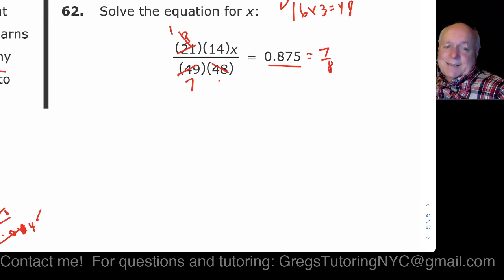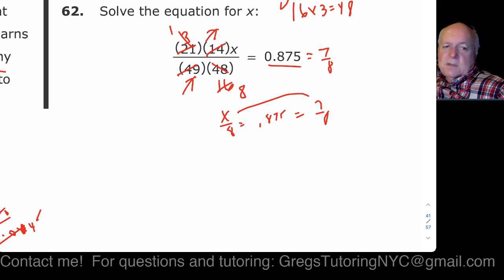All right. And we can still cancel, right? 2 goes into here 7 times, and 2 goes into here 8 times. All right. And then the 7 cancels the 7. So basically, in the end of the day, we get x over 8 is equal to 0.875. Now, if you know, as I said before, that's equal to 7/8, then obviously the x is equal to 7.